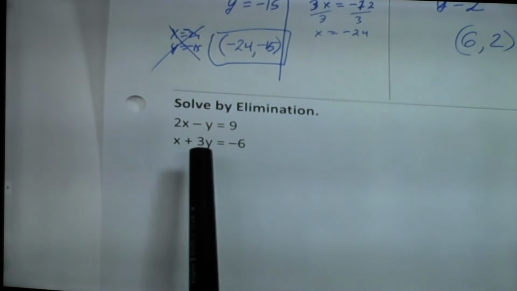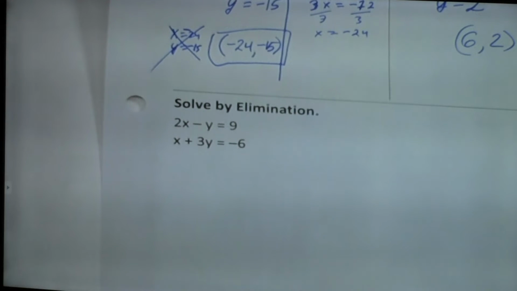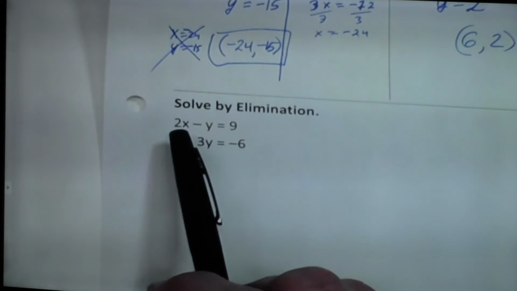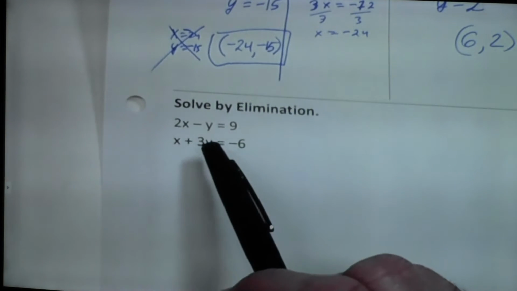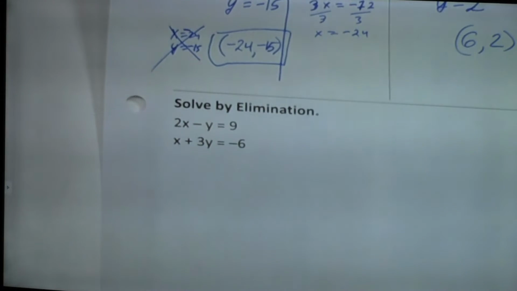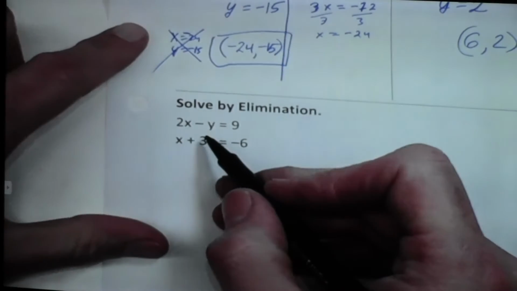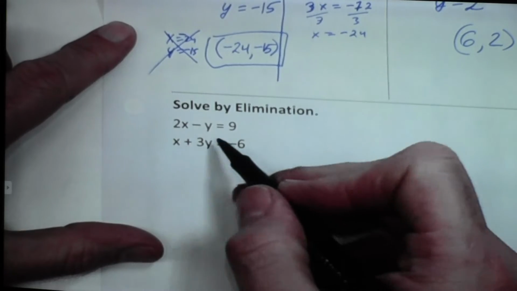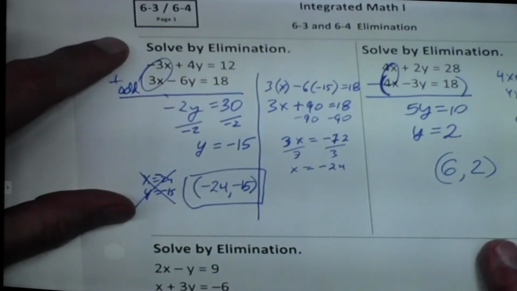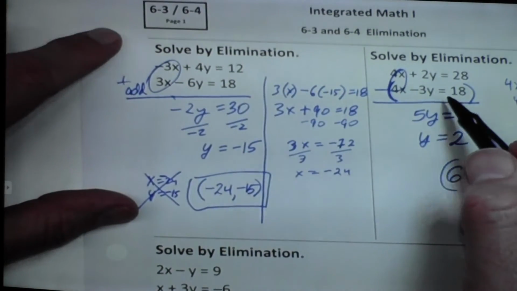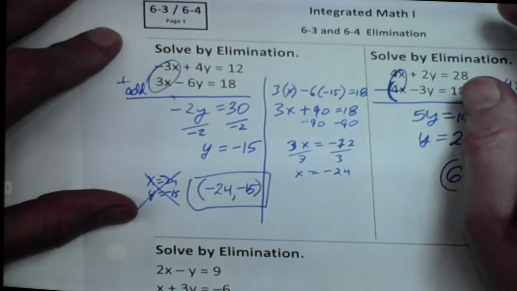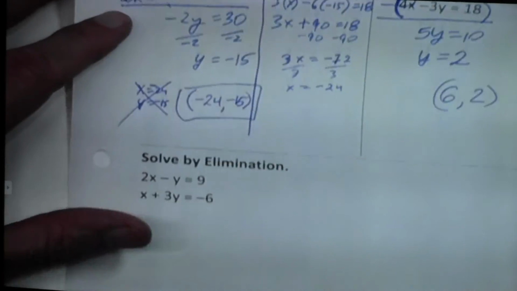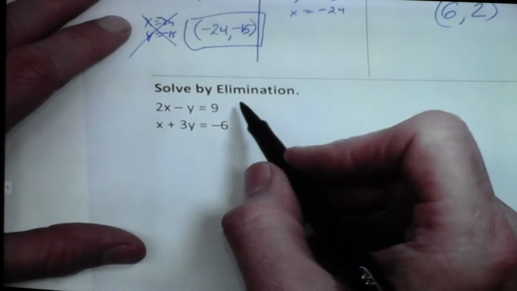And actually this one you wouldn't really want to change, or that one. We have two choices. To change the x so it matches or is the opposite of 2x, or to put a 3 with that one. I like the idea of making this one a 3 because then I can add them together. See, subtracting is perfectly fine, but I personally prefer adding. So whenever possible, I set them up so I can do that.